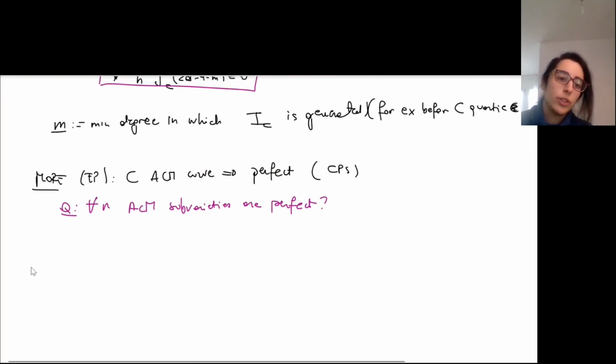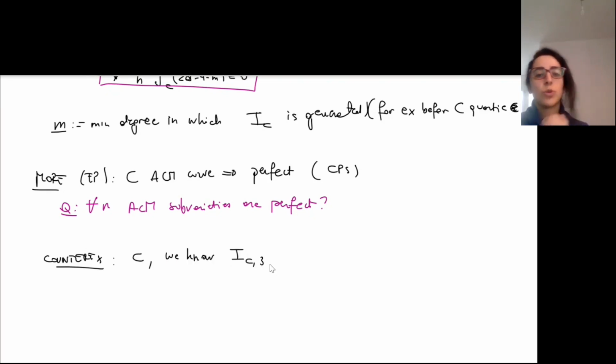What we did for the counterexample is just start with C, so we know what the ideal of C is. Let's say we fix 2 cubics because cubics generate the ideal.